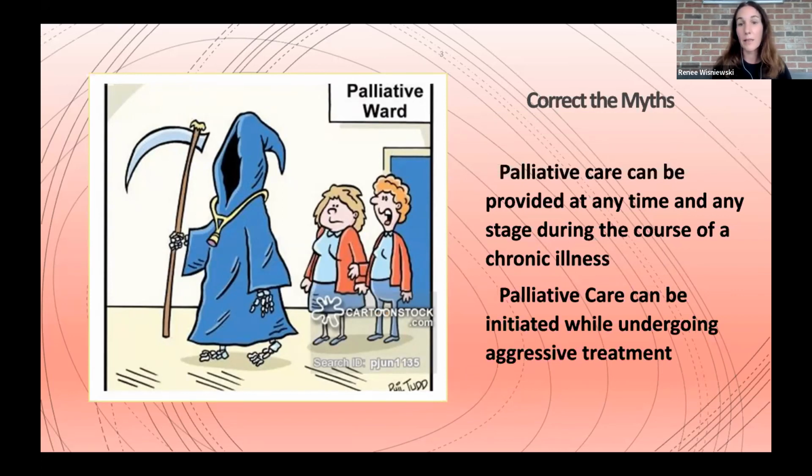And that can be at the initial diagnosis, or it can be in the middle of a treatment, or towards the end of a prolonged chronic illness. So it's not hospice, it's symptom management throughout the course of chronic illness. And also, palliative care can be initiated while undergoing aggressive treatment. I work at a cancer hospital, and this is especially important to educate our patients and families about.